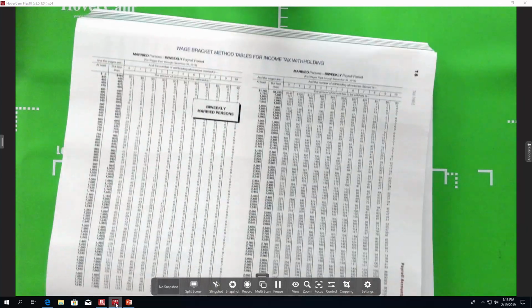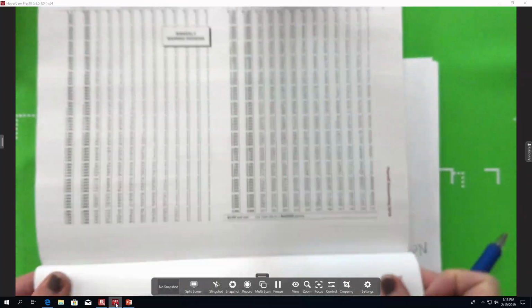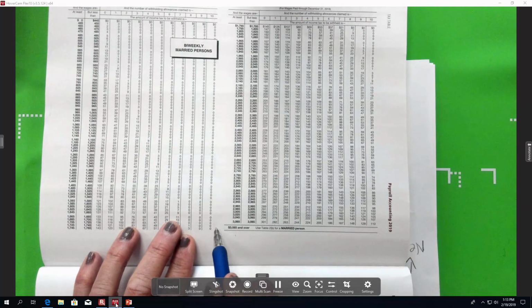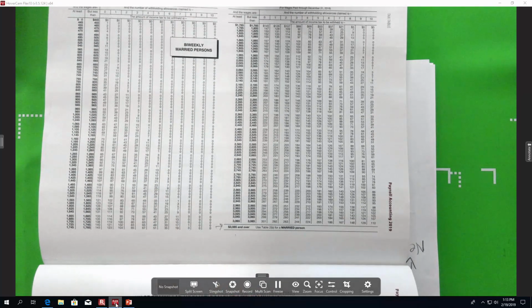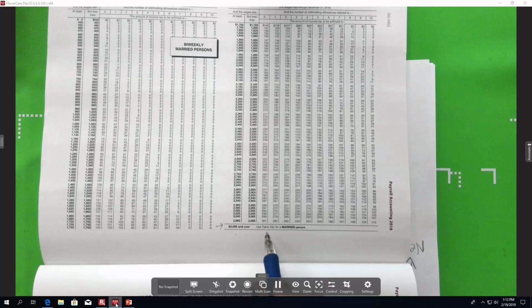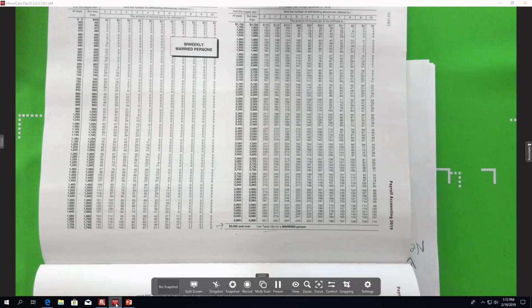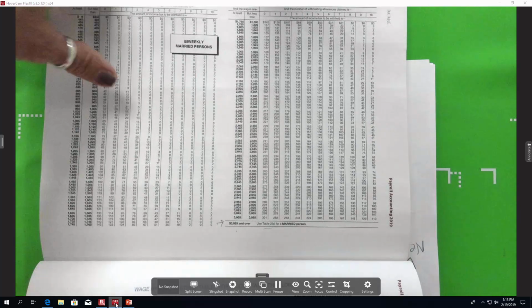And I go all the way down here and I can see, whoops, that he's over, right? He makes more than $3,085. So I can't use these tables, can I? It tells me I've got to go to table 2B. All right, let's go learn how to use the percentage tables.